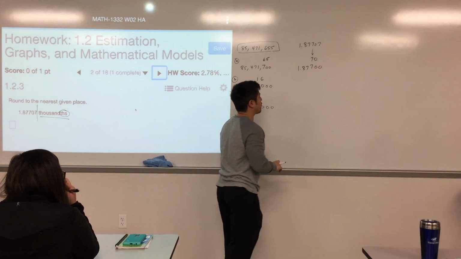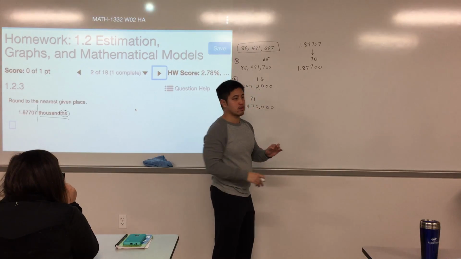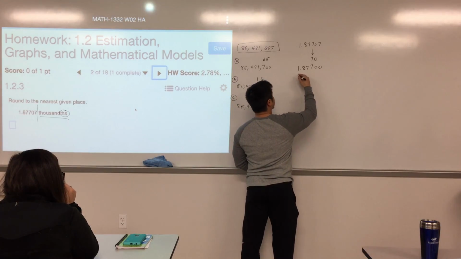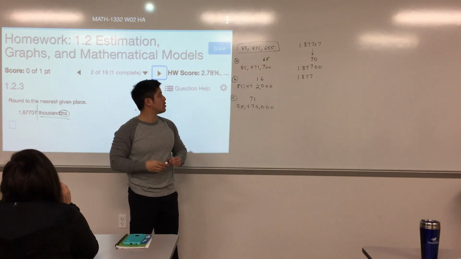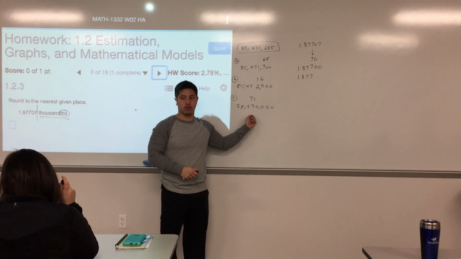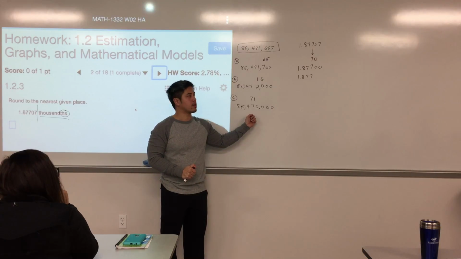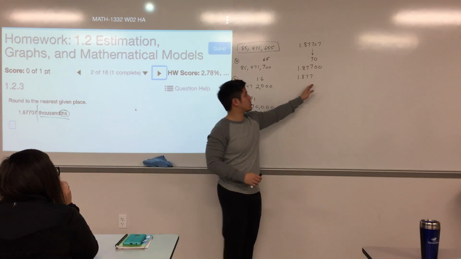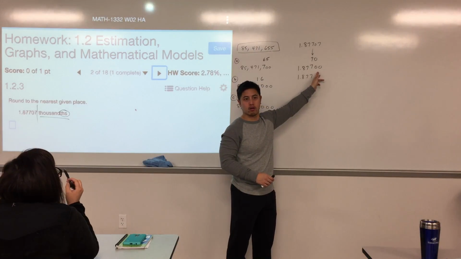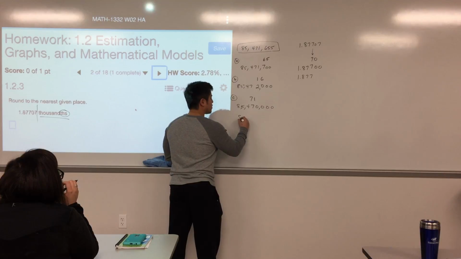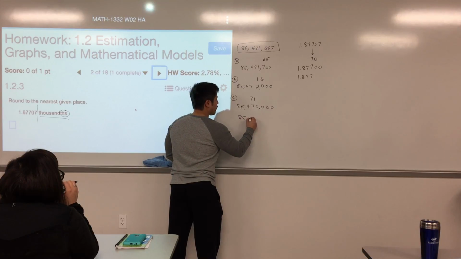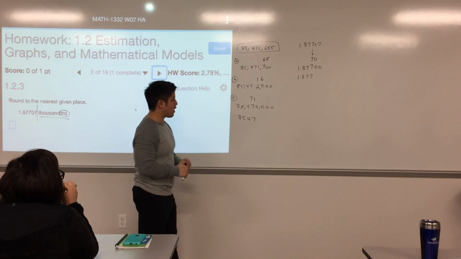Now, just a quick comment for you. With decimals, the stuff to the right doesn't necessarily have to be written because that doesn't impact the problem. However, with whole numbers, you do need to write them. So with decimals, you don't have to write the zeros. But would this be a different 8547?